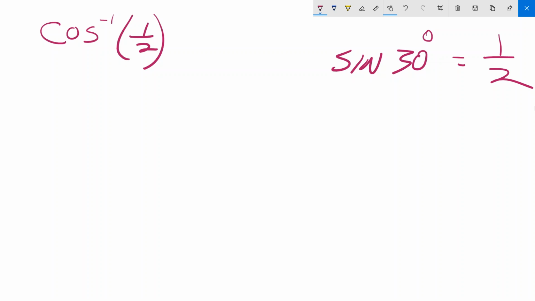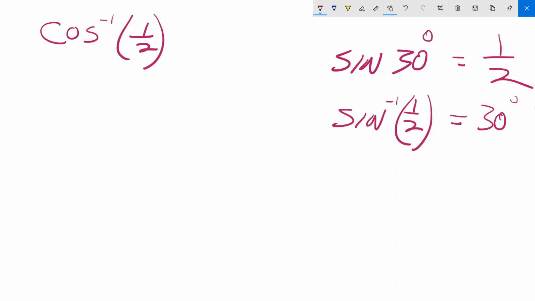What that means by definition is if we take the inverse sine of the ratio, we get the angle. So if you're trying to solve for angles, you take inverse trig function. If you're trying to solve for ratios, you take trig functions. You with me?